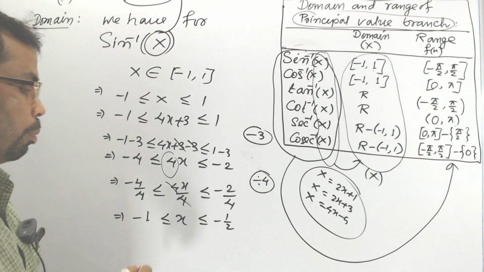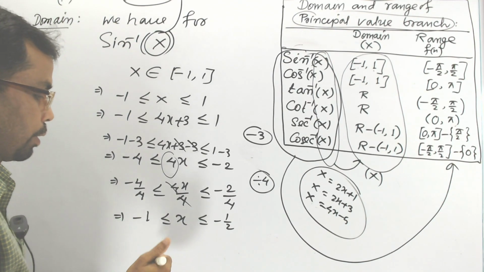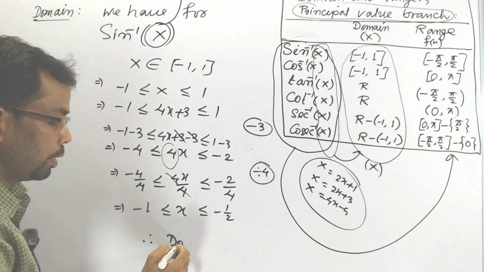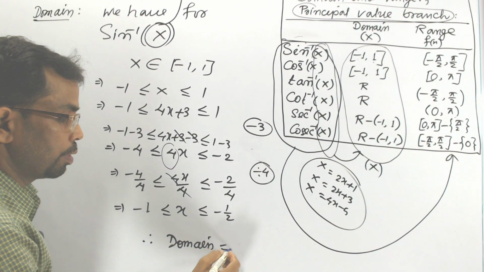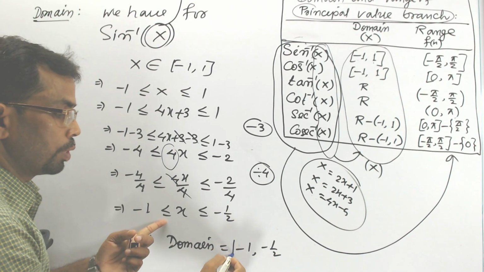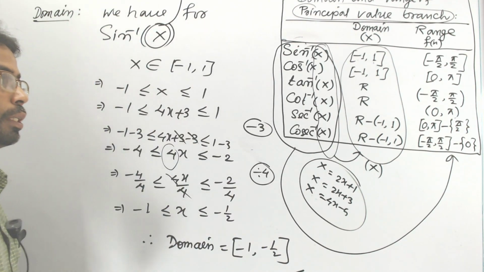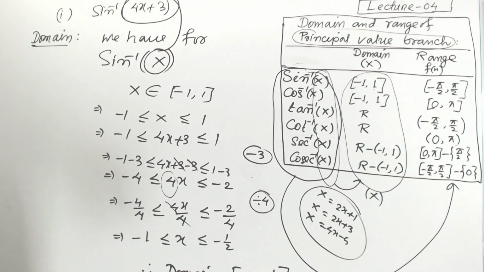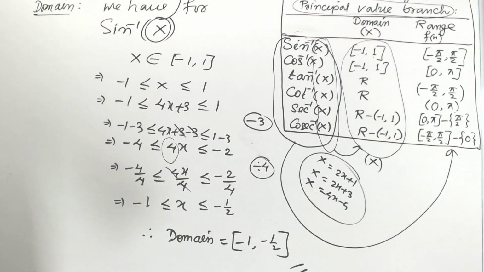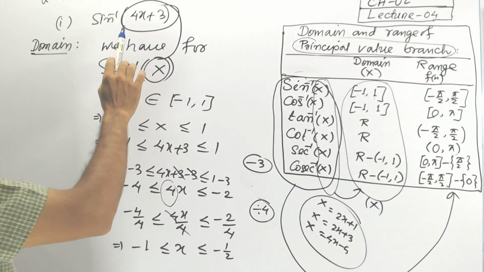Domain means the set of all possible values of x. So I can write the domain of the function is minus 1 to minus 1 by 2, closed interval, with equal signs on both ends. This is how we find the domain, and this is the complete solution for the given question.